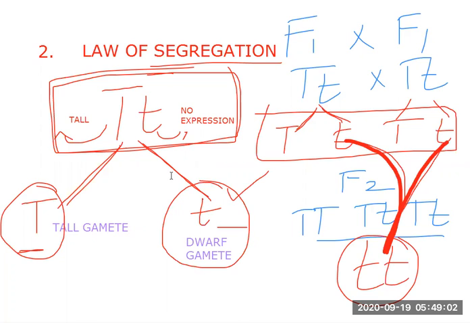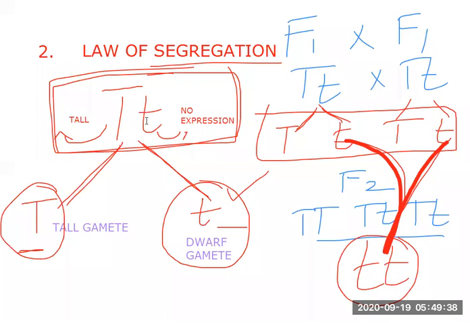First of all, we asked a question: there is no dwarf plant in the F1 generation, so how do we get a dwarf plant in the F2 generation? When the gametes are separated, the allelic expression came for dwarf also.